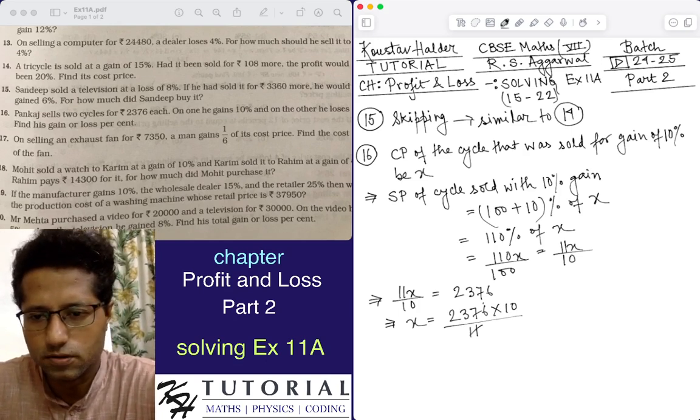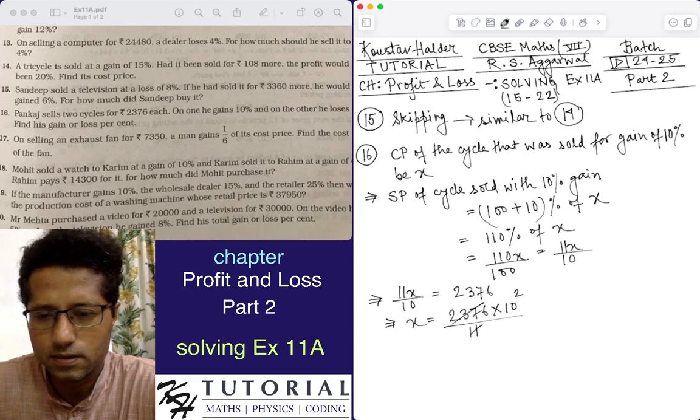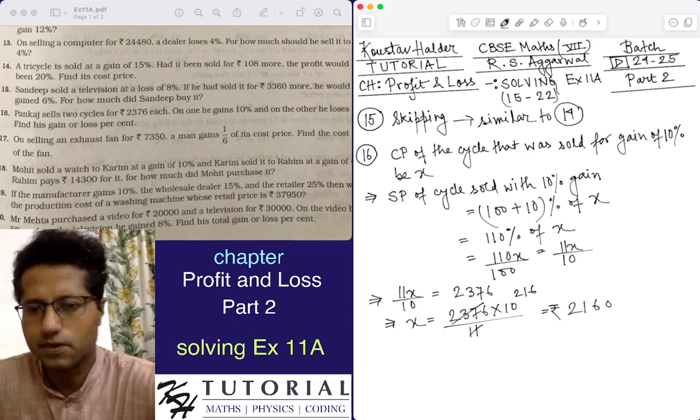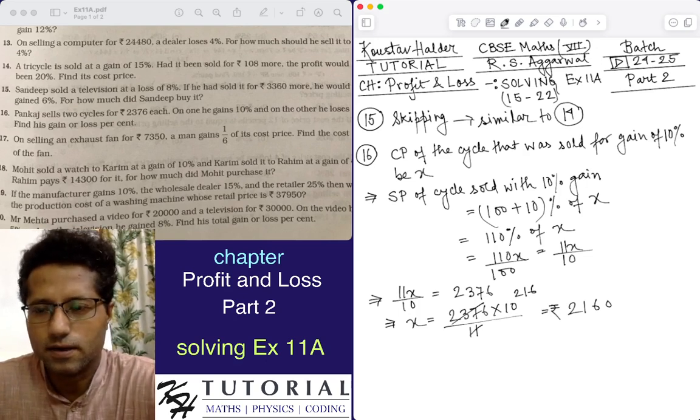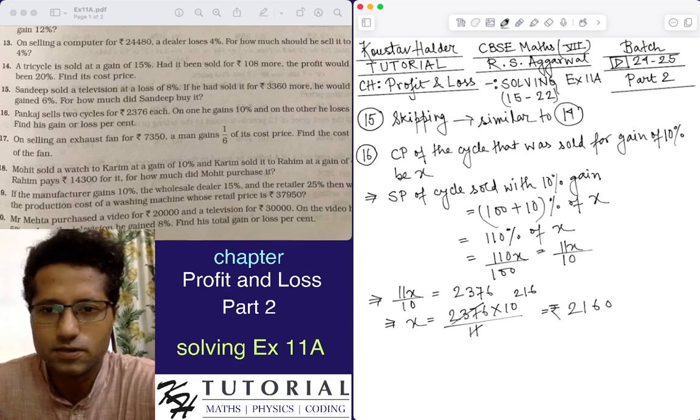Now I think 11 should divide 23. This is 2, 22, 1, 1 and 6. So this is 2160. So the cost price of the cycle that was sold for a gain of 10% is rupees 2160.